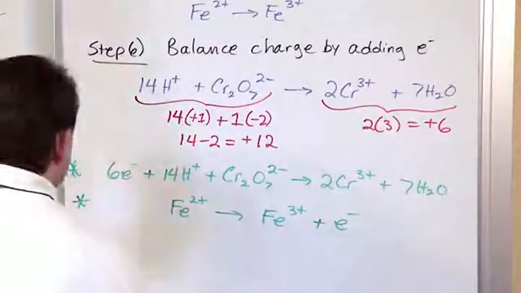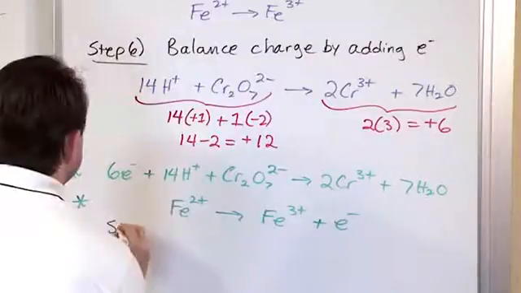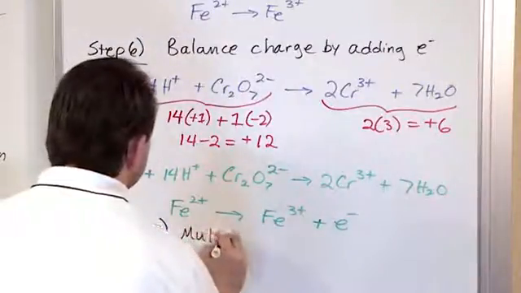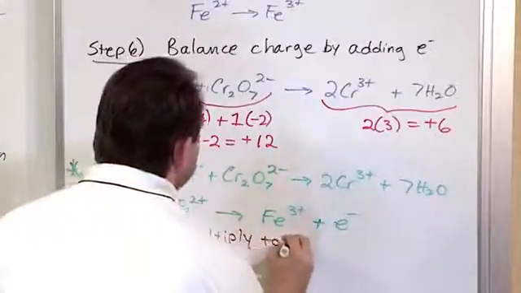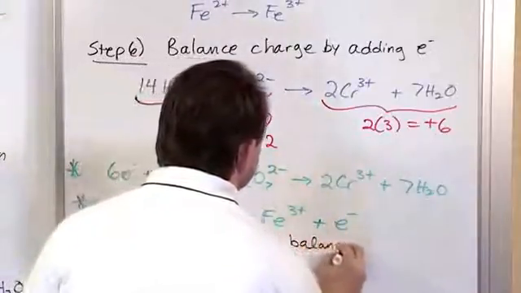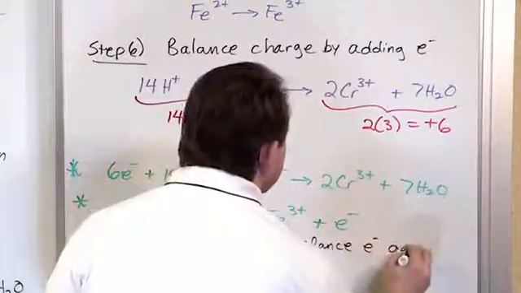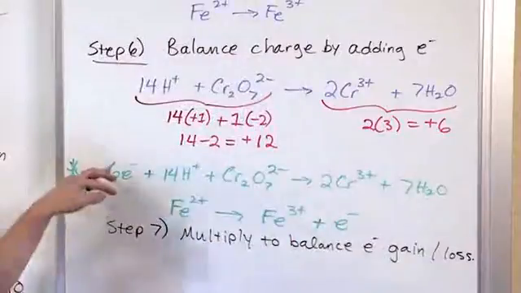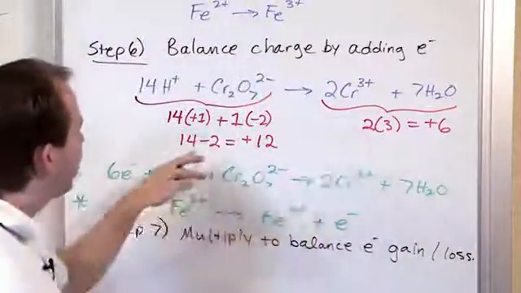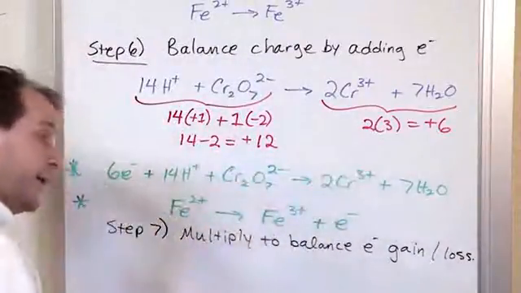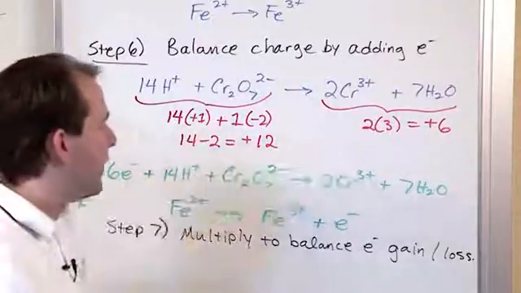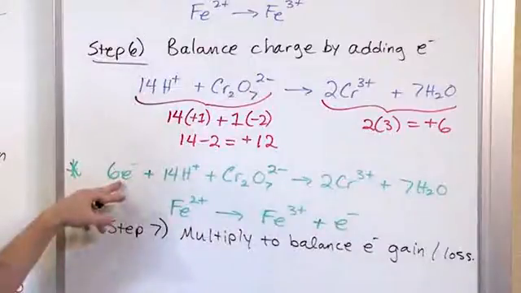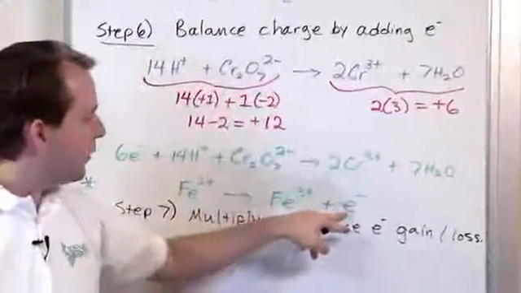Now what we do is step 7. Multiply to balance the electron gain and loss. Because at this step, I have correctly balanced the charge on the left and on the right hand side as far as each individual half reaction, but for the reaction as a whole, I have 6 electrons over here, and I have 1 electron over here.